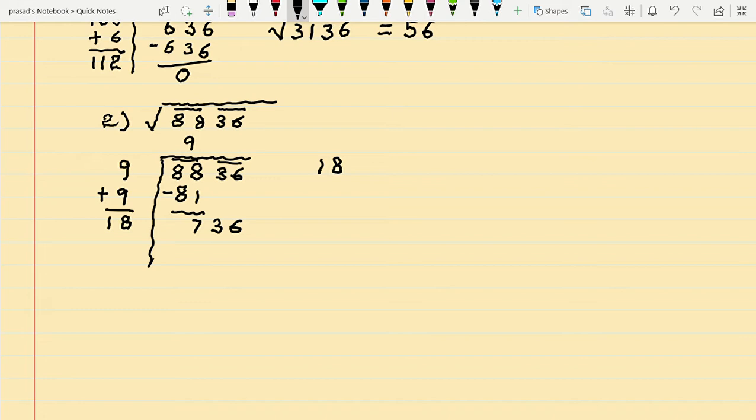Now you can see here, the first two digits are 73 and this is 18. So which is the possible number you can write? Try for 3. 183 multiplied by 3 is 549, which is less.